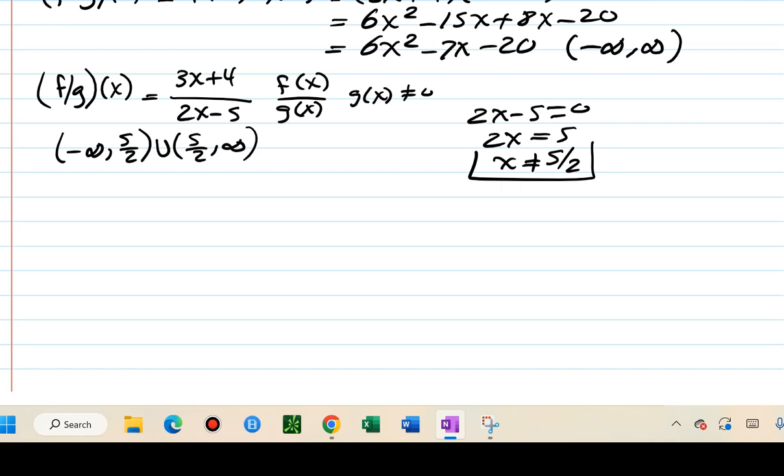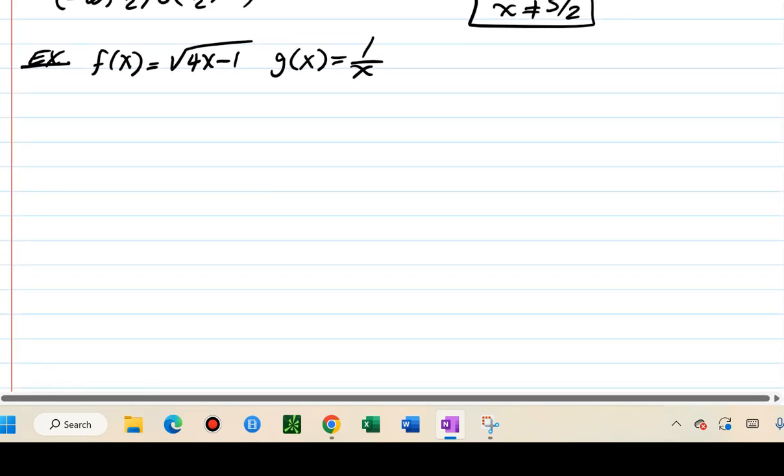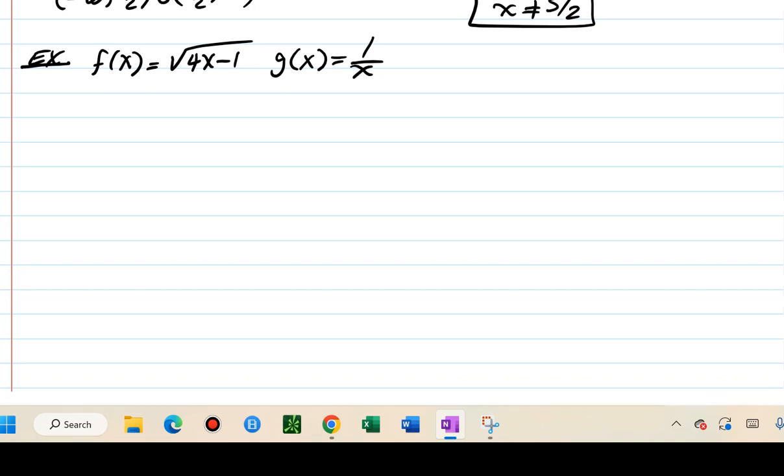So these are pretty, again, straightforward if they're a polynomial function. Let me make an example. What if I don't have a polynomial function, something like the square root of 4x minus 1. I will make g a fractional function, right? A quotient, a rational function, 1 over x. Some differences. Oh, the domain, sorry, the most important part.